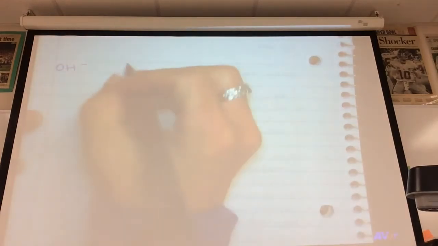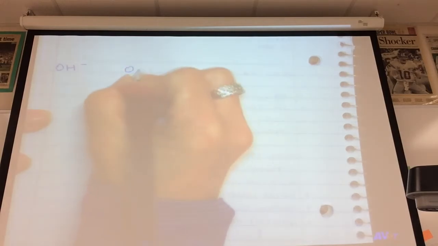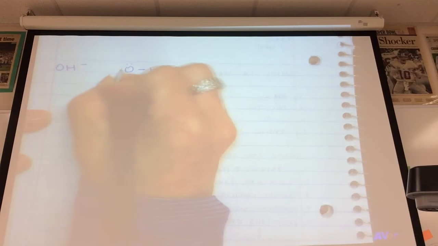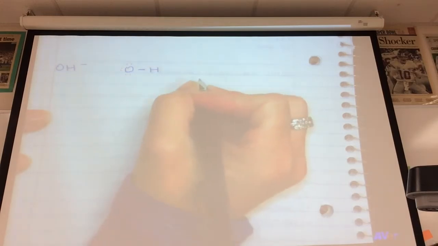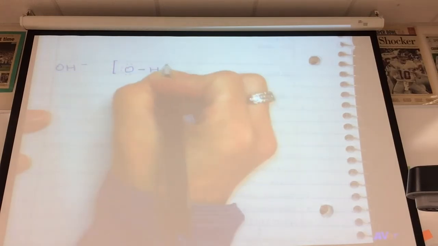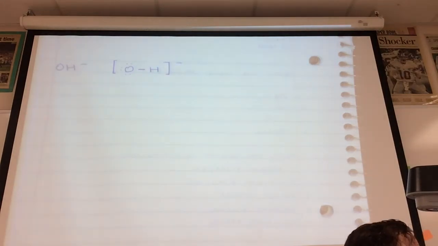Hydroxide ion is OH minus, one of many polyatomic ions. The O and the H are covalently bonded together. We'll get into that in the next chapter. And there is a 1 minus charge over the entire entity.